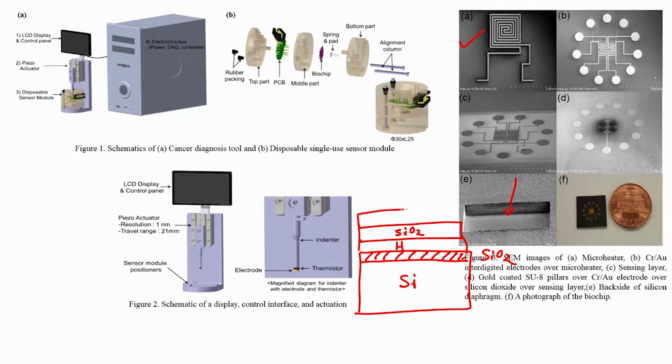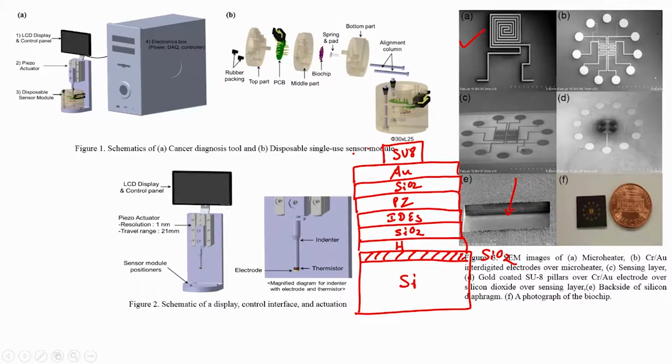Then on that you have interdigitated electrodes, IDEs. On IDEs you have the piezoresistor, PZ. On the piezoresistor you again have an insulating material which is SiO2. On that you have a gold pad, Au. On the gold pad you have SU8 pillars. So, SU8 pillars I will just draw like this, just representative.